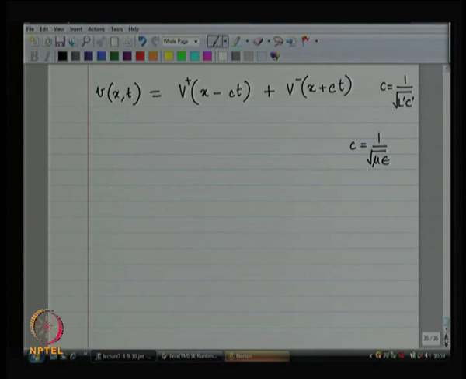So, this is the solution to the wave equation. V plus indicates a forward moving wave, V minus indicates a backward moving wave. These waves are moving at a velocity c meters per second. Similarly, I of x t is also going to give you a very similar solution.